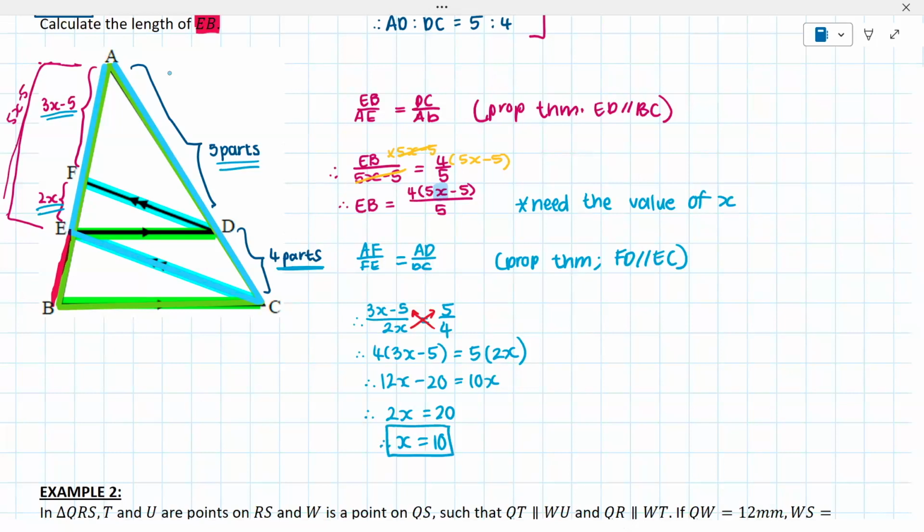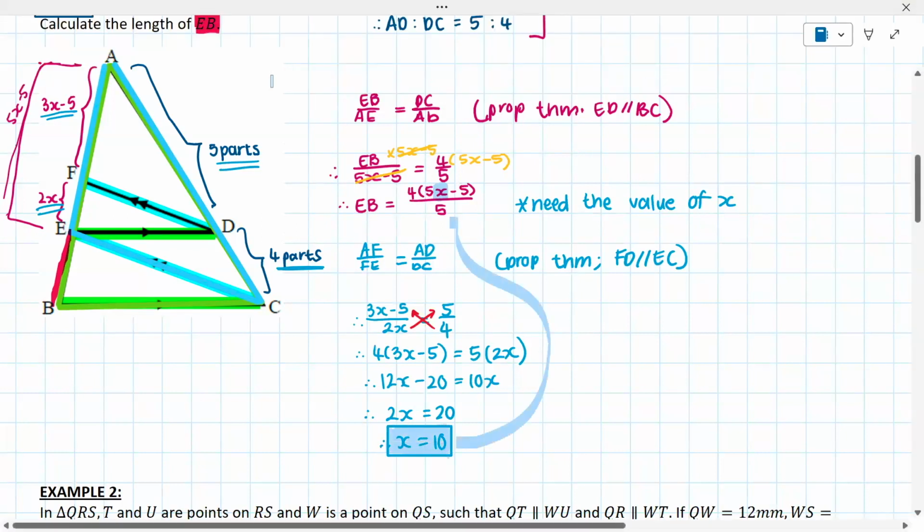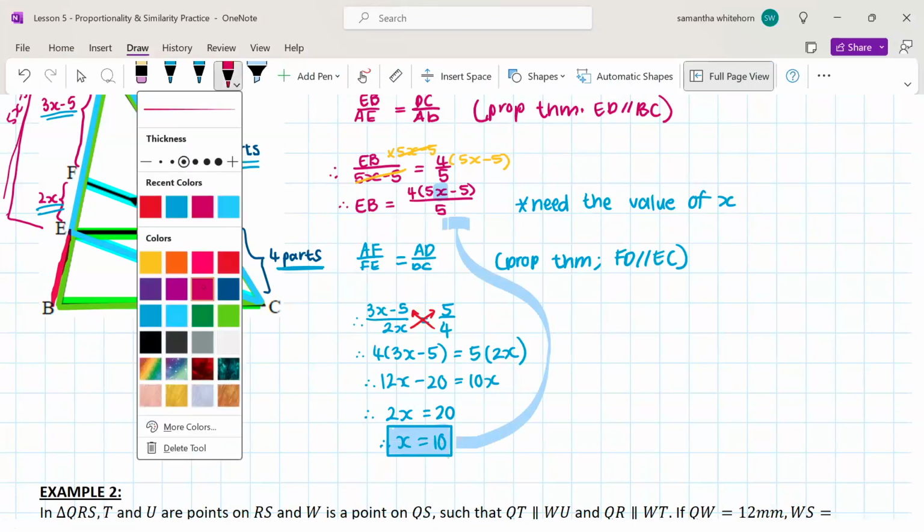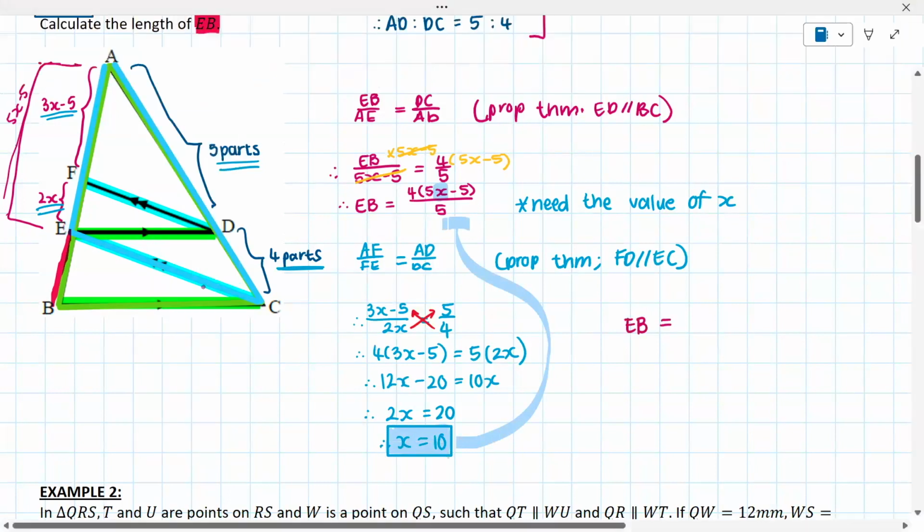So now I know what x is. I can now take that and substitute it into that equation that I was working with, because remember we said the only thing we're missing is that x value. Now that I've got it, I can just sub in. So now I know that EB is equal to 4 times 5 times 10 minus 5.